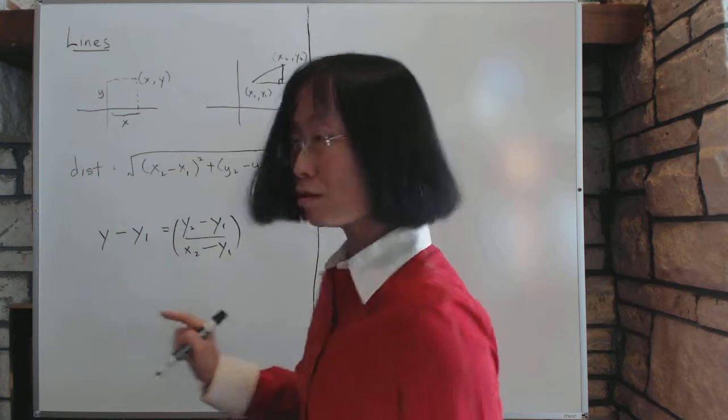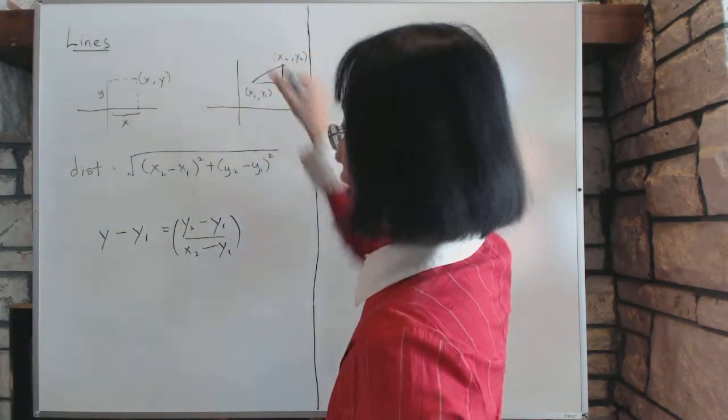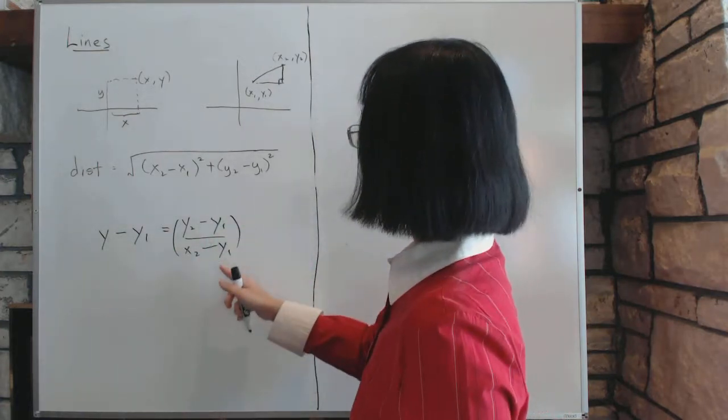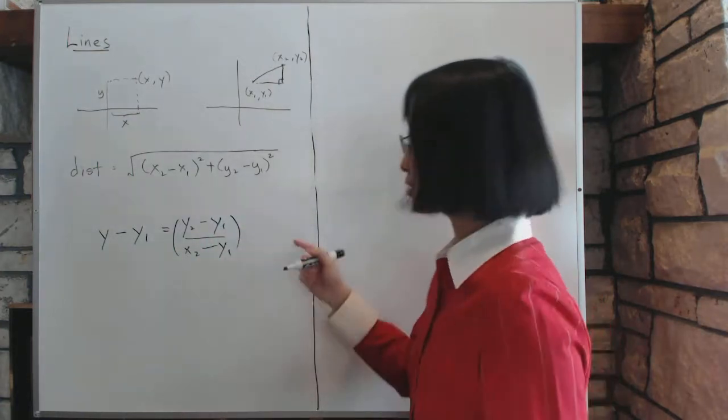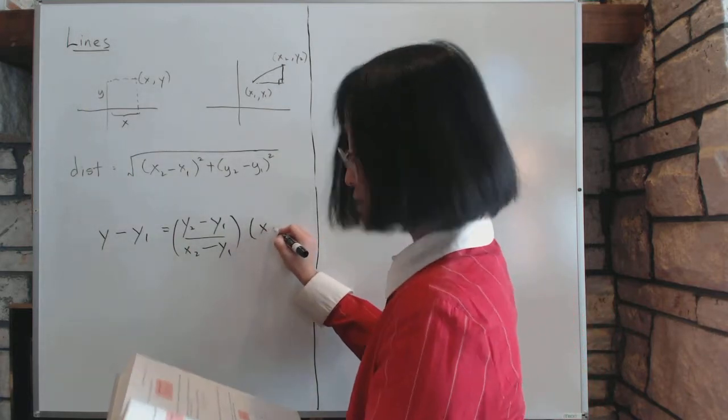That is called the slope. That is the height divided by the separation.